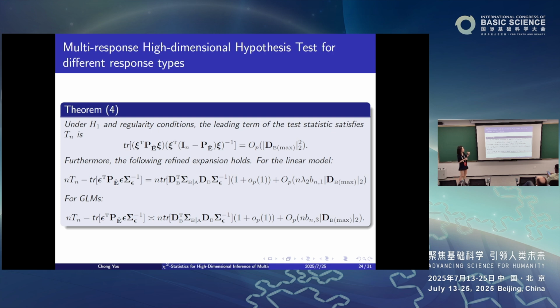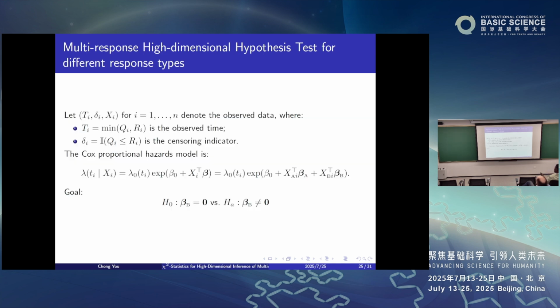The only difference is we have slightly different regularity conditions. Especially in theorem 4, we can see the difference between linear model and GLM. So here it is exactly equal. Here it is asymptotically equal. But when sample size is large enough, it doesn't really count. So this is the theorem for GLM.